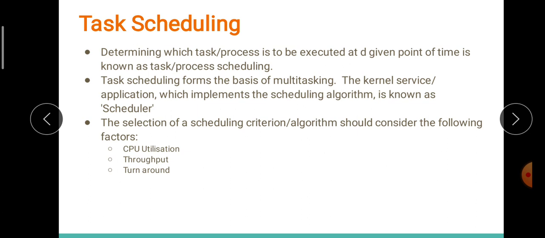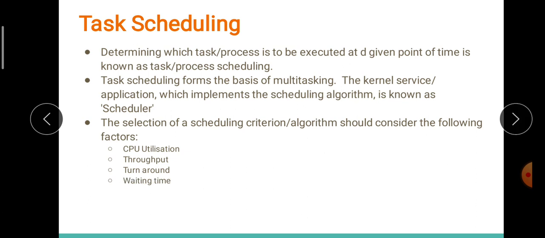This includes all the time: the process's wait time in the ready queue, its execution time, its operation, everything together comes under the turnaround time. So it's the total time from created, ready, running, blocked, all this time together taken by a process to complete its execution.